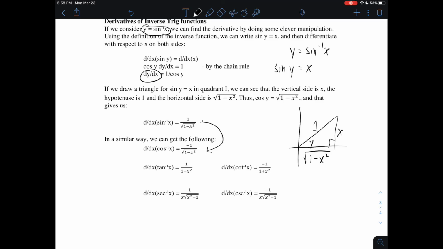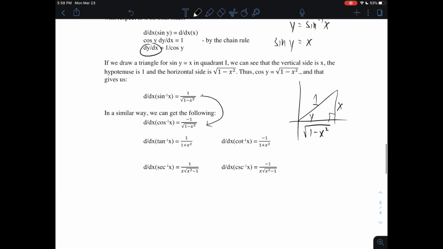But the derivative of the cofunction, cotangent inverse, that's negative 1 over 1 plus x squared. And then finally, the derivative with respect to x of secant inverse x is 1 over x times the square root of x squared minus 1. And then if you also look, the derivative with respect to x of cosecant inverse, that just has a negative 1. So it comes down to just remembering one of these, and then the cofunction just is negative.